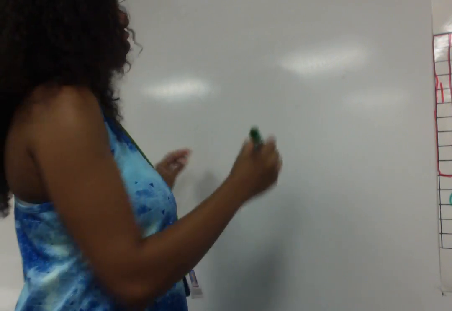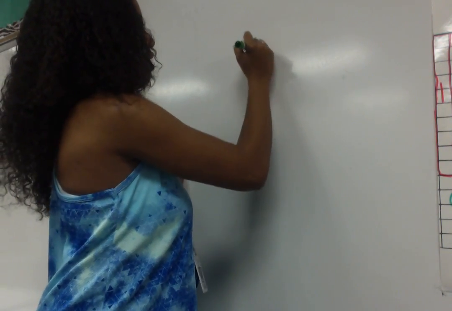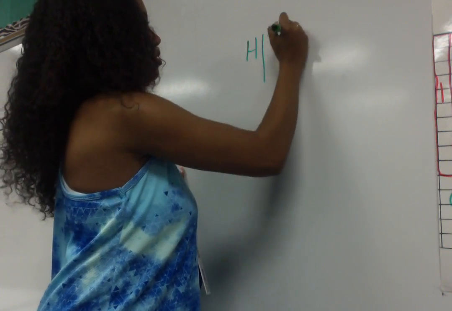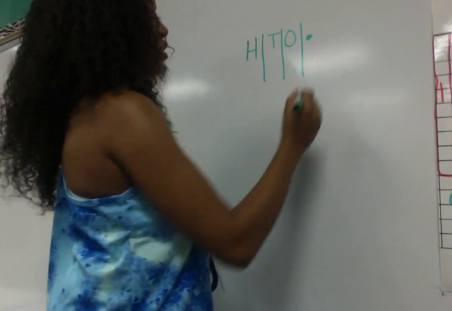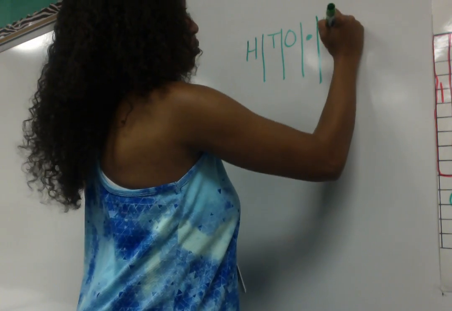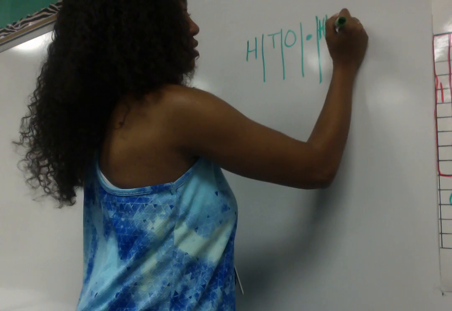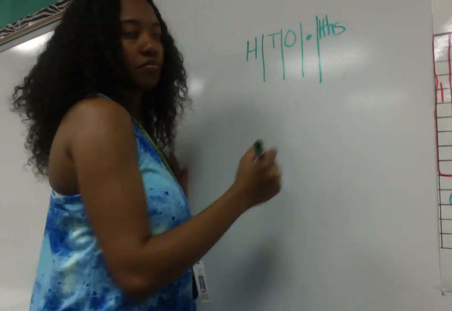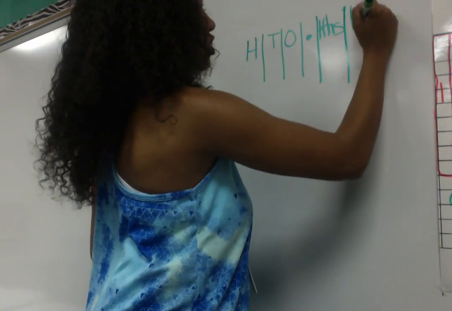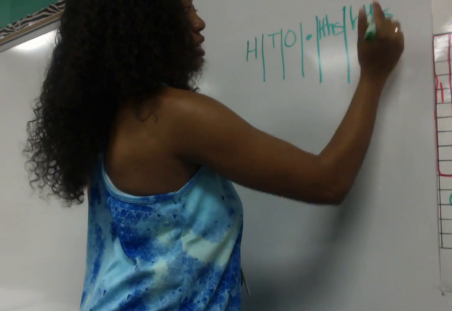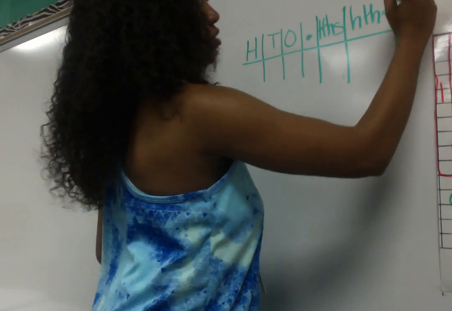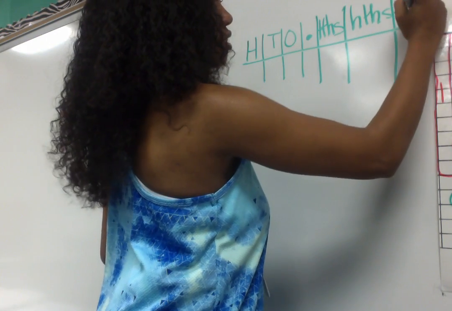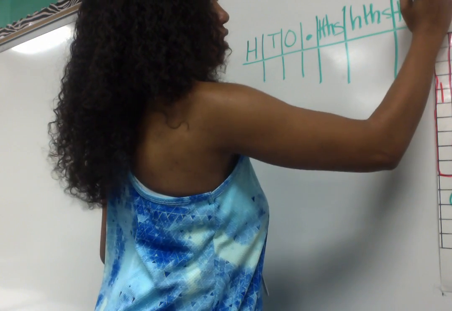So in a place value chart, let me show you how that looks. If I have ones, tens, hundreds, my decimal, tenths, I'm going to abbreviate it, TTHS, hundredths, HTHS, notice I keep my THS, and then you have thousands, TTTHS.